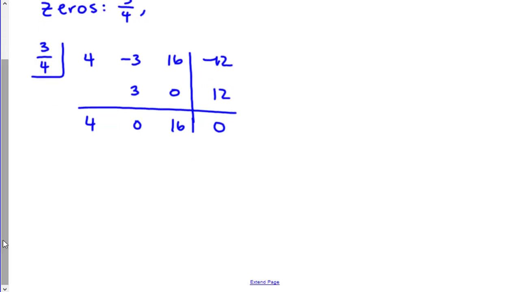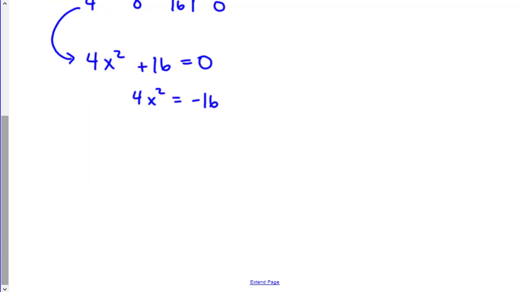And this is now a quadratic, which looks like 4x squared plus 16 equals 0. Or 4x squared equals -16. Or x squared equals -4. Or x equals plus or minus 2 times i.